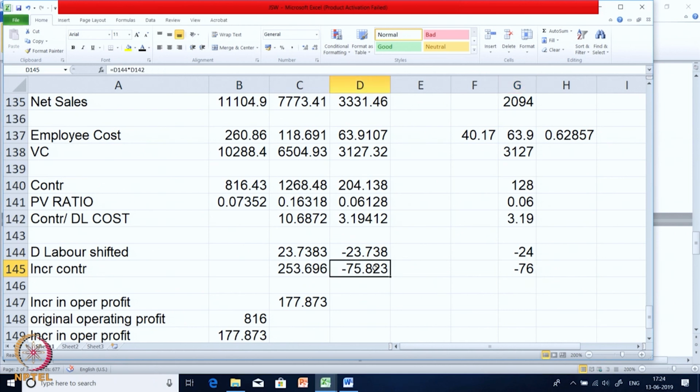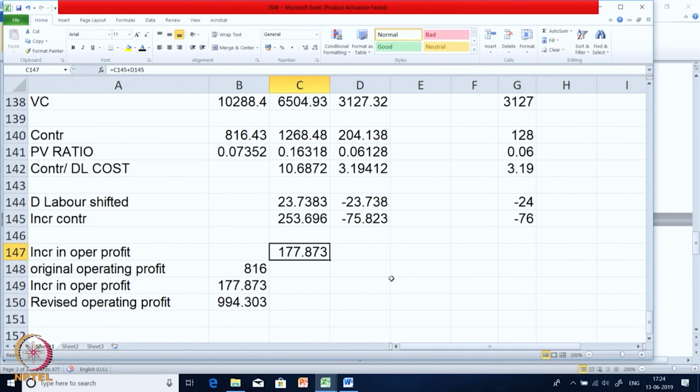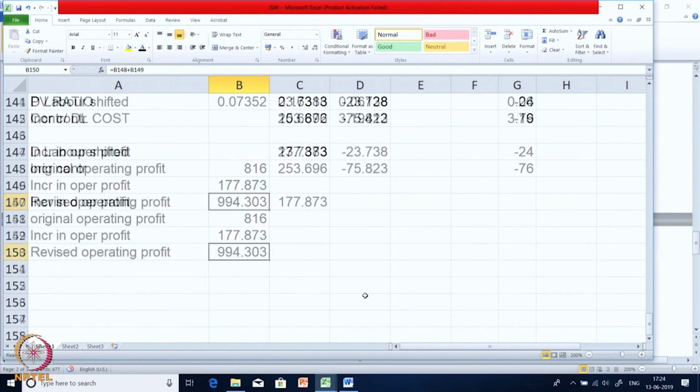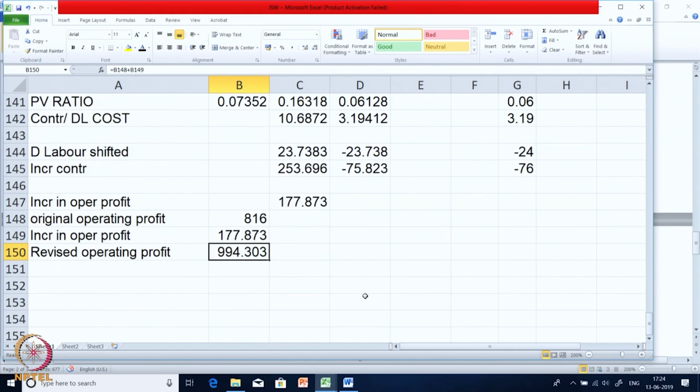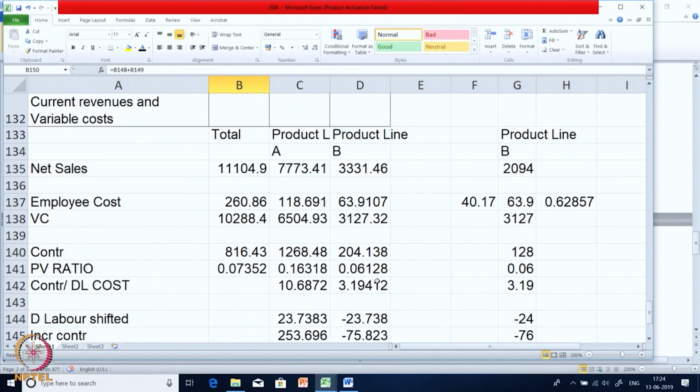For B there is a loss of 75.82, but for A there is a gain of 253.89. So the company as a whole gains by 177.87. The original operating profit, which was 816, will increase by 177, and the revised operating profit is now 994.303.